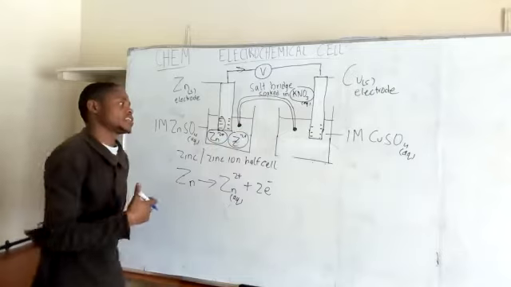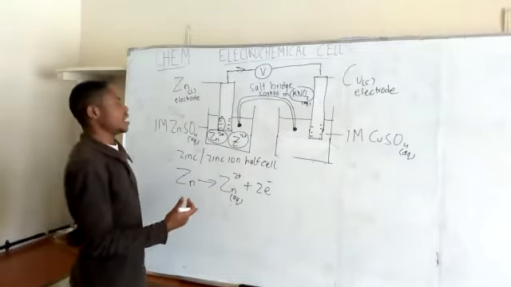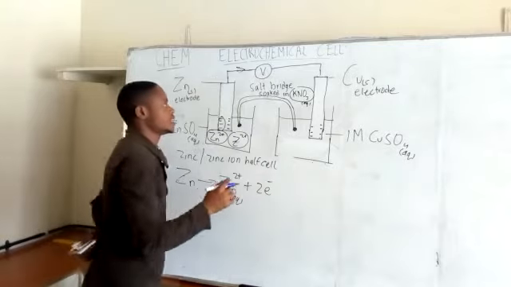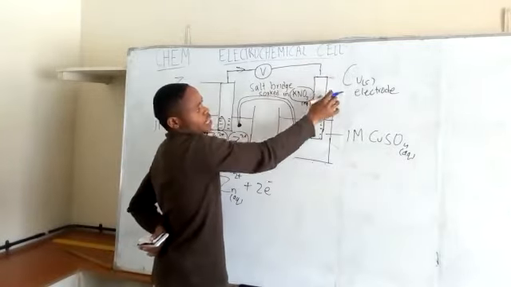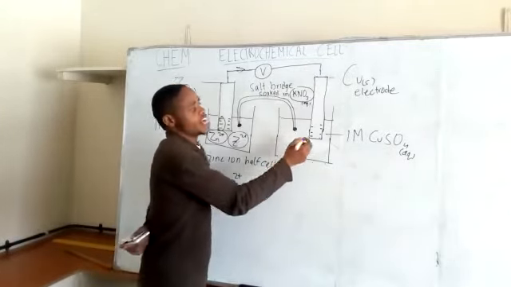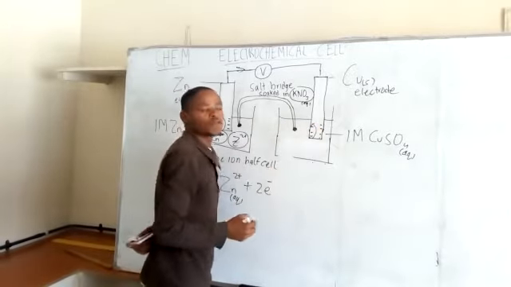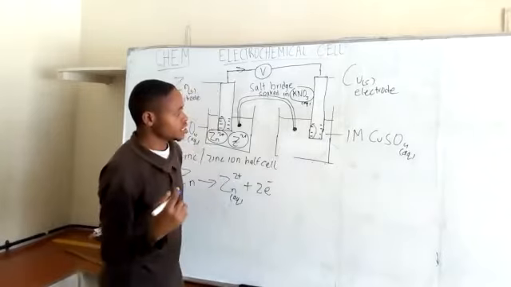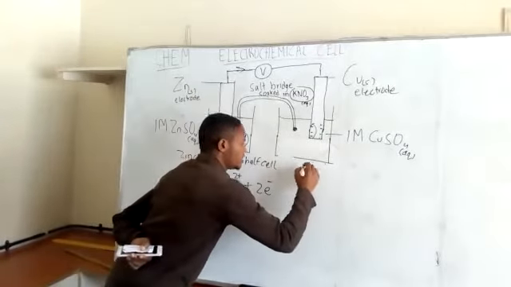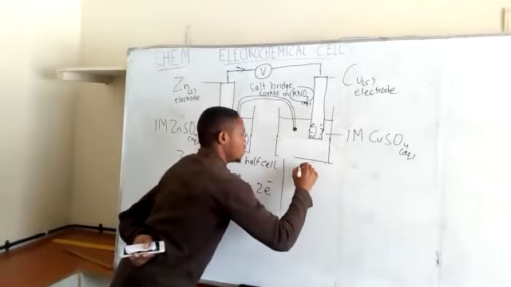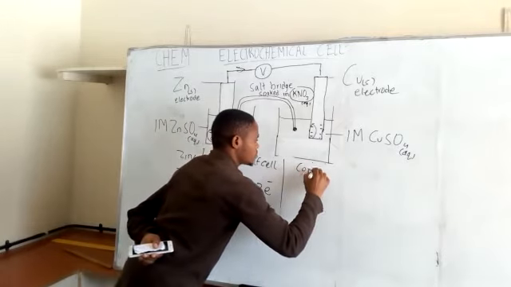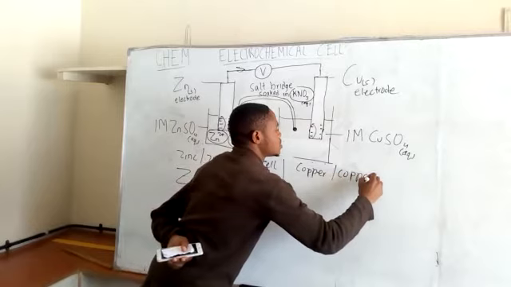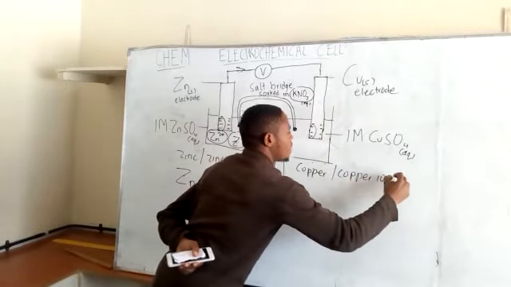Copper does not ionize as easily as zinc, so the electrons are thrown to the other side. Once the electrons come to the copper electrode, the concentration of the negatively charged electrons increases. On this other side, here we have the copper ions half cell.